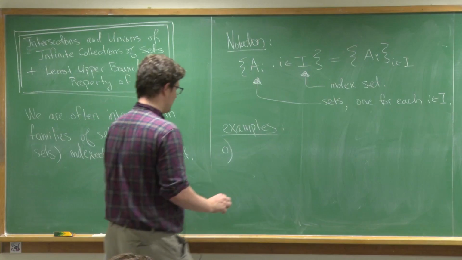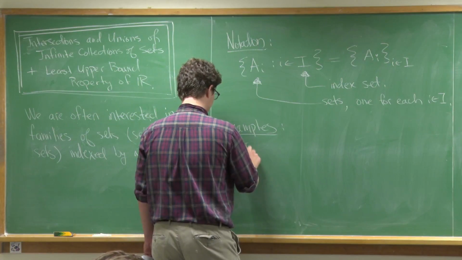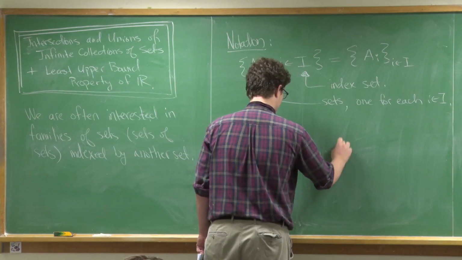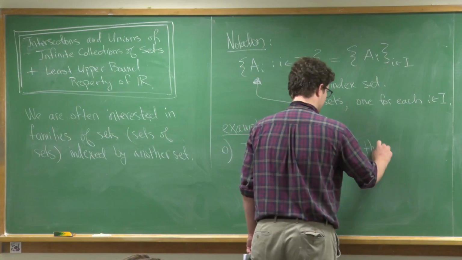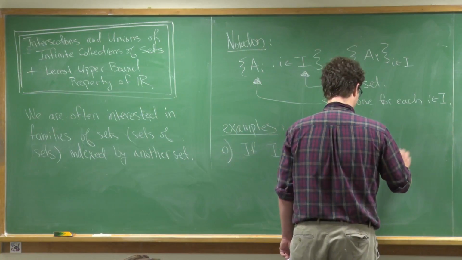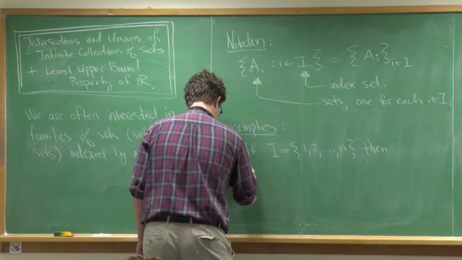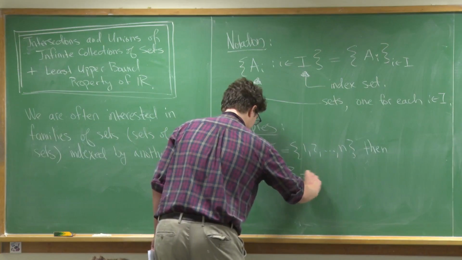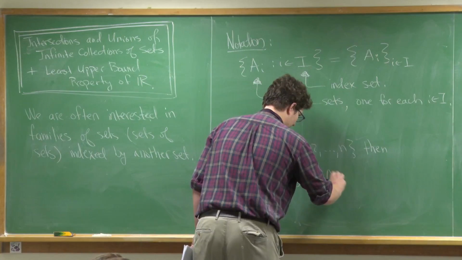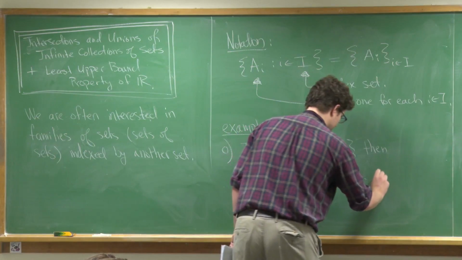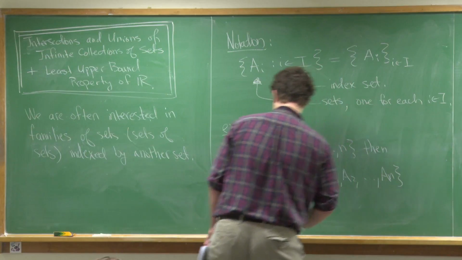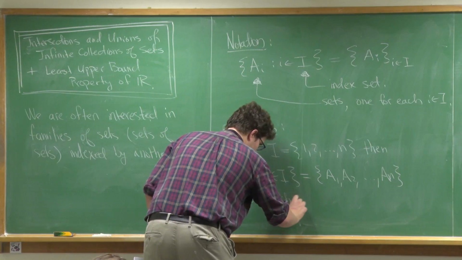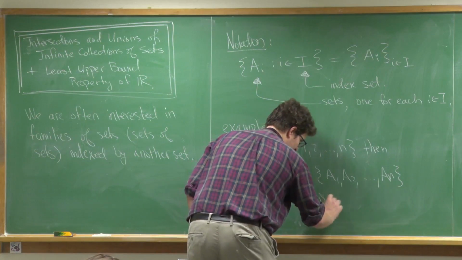Okay, so we can consider if I is the set 1, 2, up to n, then it's a collection A_i for i in I. So this is the same thing as a set A_1, A_2, up to A_n, where each of these A_i is some set.